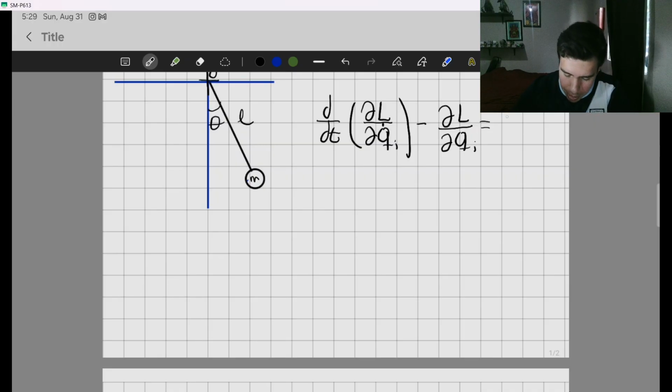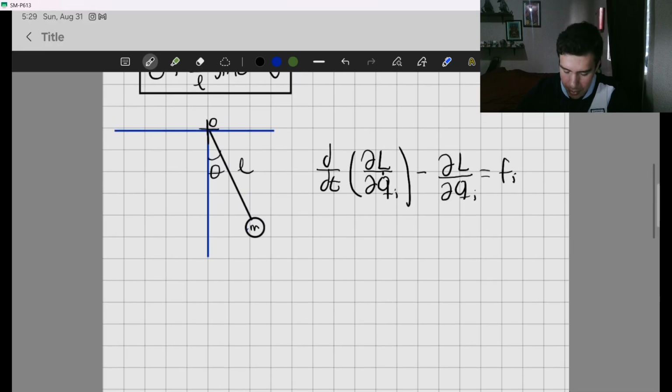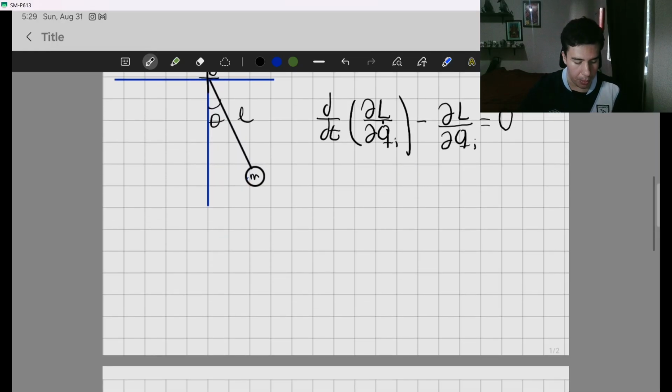Generally, it is equal to the non-conservative forces of the system, which is denoted in some books like this. But since we are considering that our system does not have any friction, or it only works with conservative forces, we will set this equal to 0. So this will be our approach to this part.